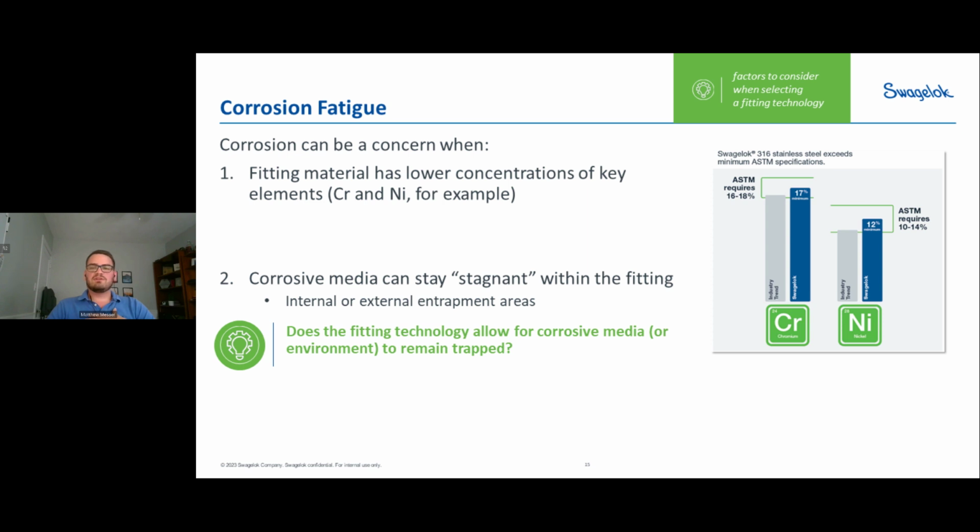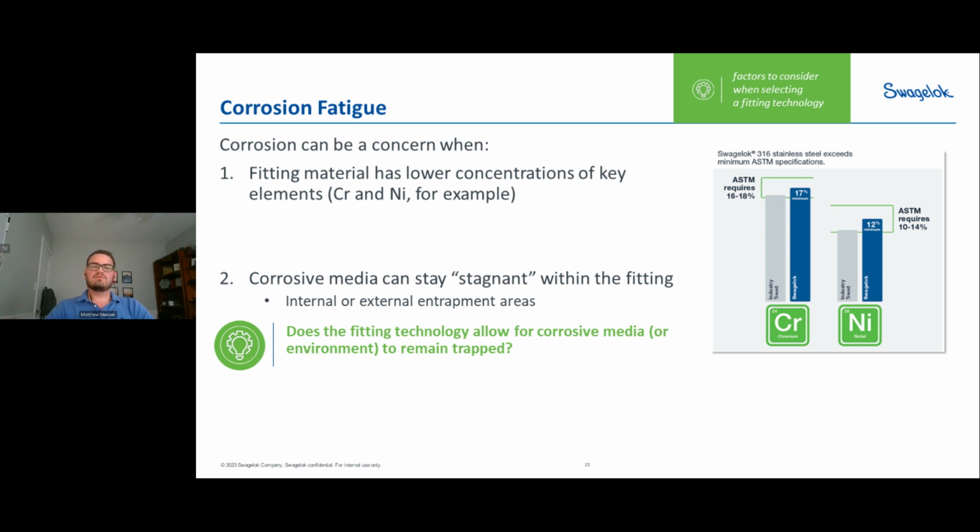What we do internally is we ensure that our chromium and nickel content for our stainless steel has a higher minimum than what the ASTM requires. And what that does for us is it means that we can have better corrosion resistance and stability of the material under corrosion for our applications.